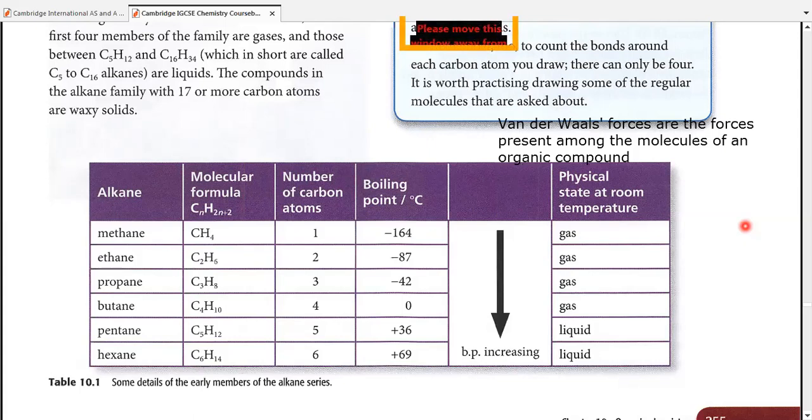And of course, all of these thermodynamic values, mass-based values increase as the boiling point increases. Are we clear? So at this point where BP increasing is written, you're supposed to write MP increasing and density increasing, because all of these values increase with an increase in the boiling point.